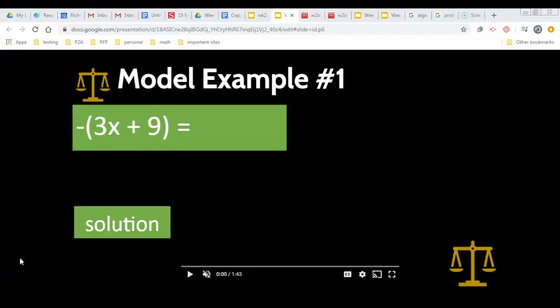Now we will look at model example number 1. Please take a moment to copy down the expression. Now we will look at the solution.